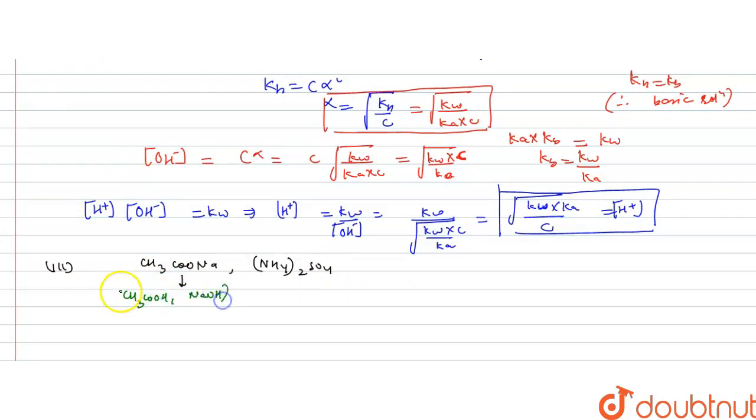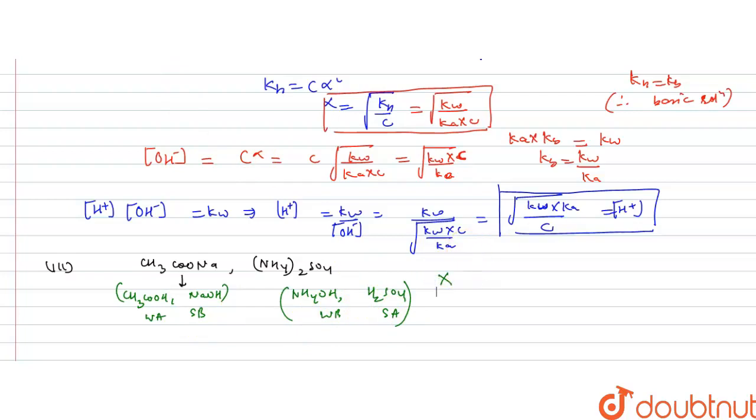It means weak acid and strong base. And this is formed of ammonium hydroxide, that is a weak base, and H2SO4, that is a strong acid. So the H plus ion concentration for them will not be the same, because here it is weak acid strong base, and here it is weak base strong acid. So they are opposite to each other. So this option will not be correct.